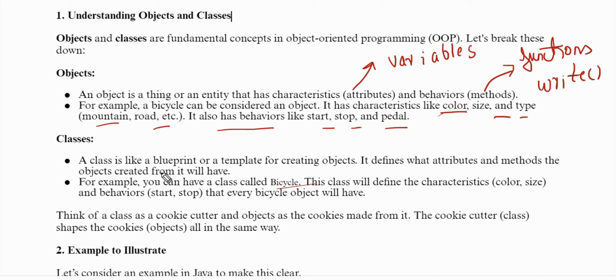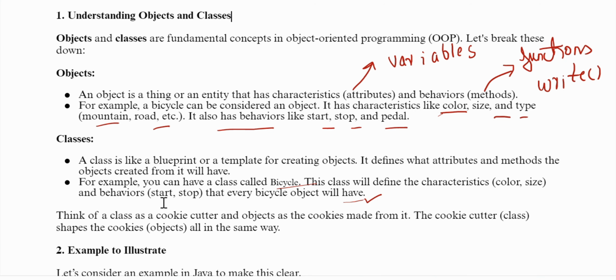That's what a class does. For example, you can have a class called bicycle. This class will define the characteristics like color, size, and behavior that every bicycle object will have. And from that bicycle class, you can have bicycles of different makes like BSA, BMW, whatever bicycle brands you have.